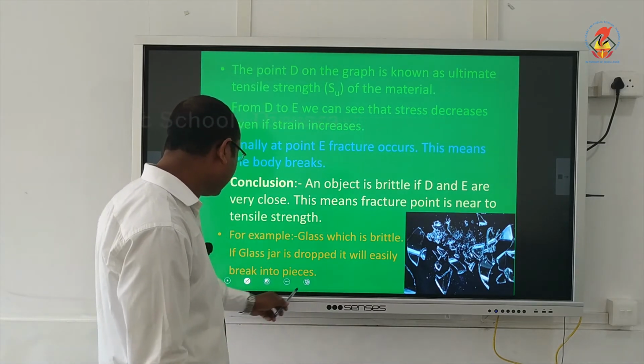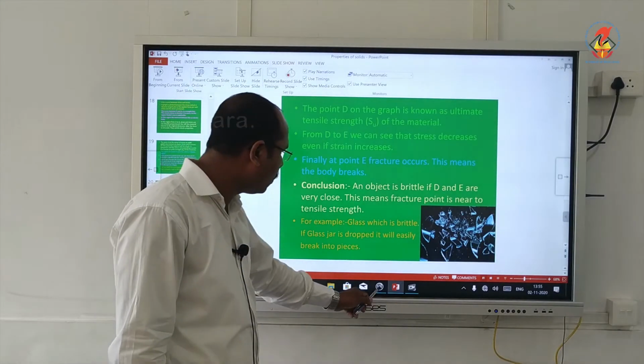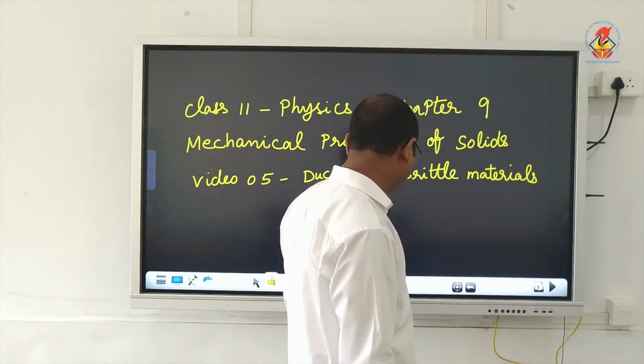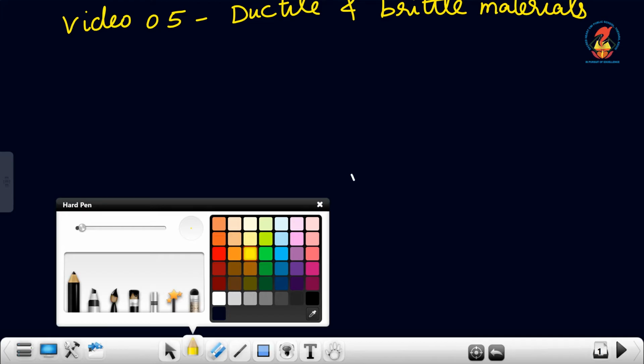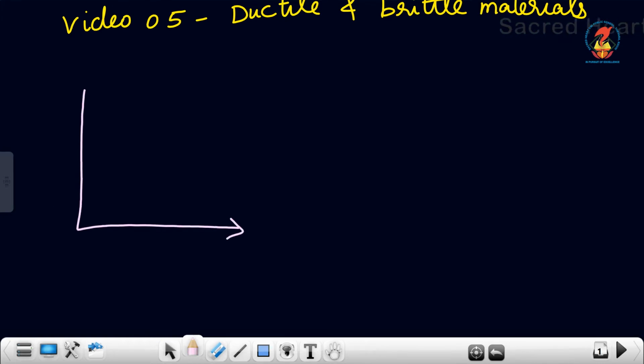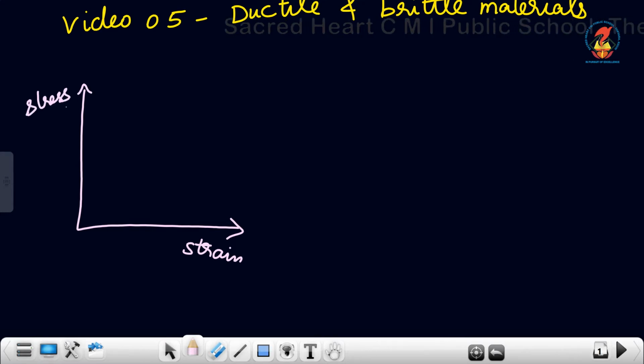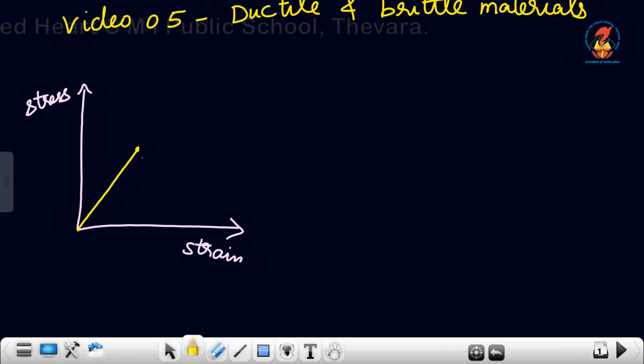Therefore, if I draw the graph for a ductile metal, just listen. I am putting a graph for a ductile material. This is strain and this is stress. This is the straight line graph, and this point I mark as the elastic limit.